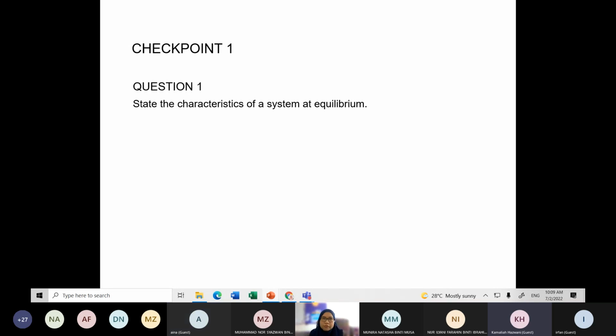Okay, so if we have 4 characteristics, that will be the third and the fourth one. The most important thing that we would go for would be the concentration. What about the concentration? Remain unchanged.